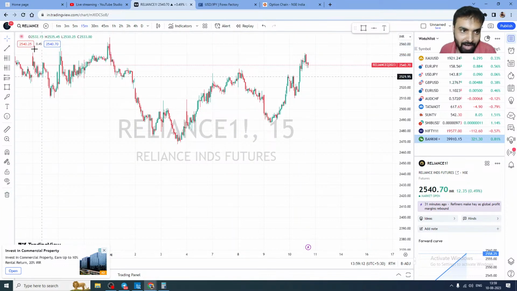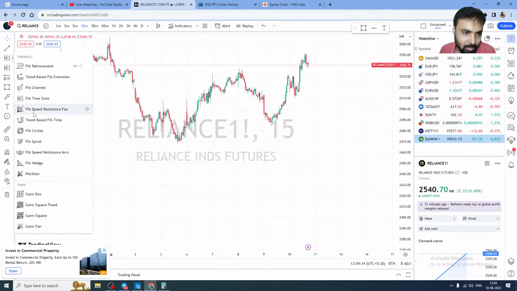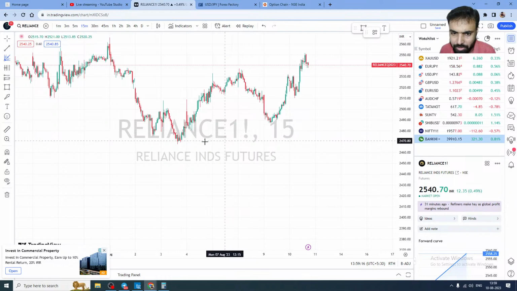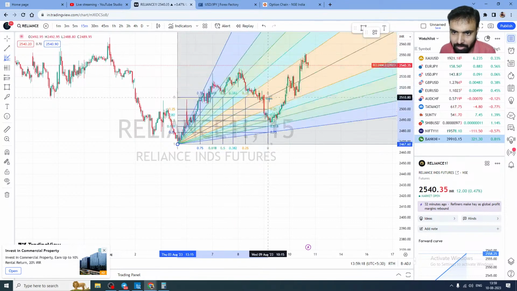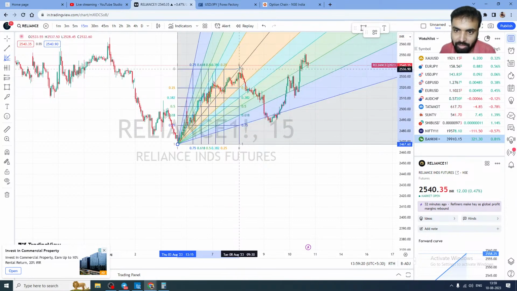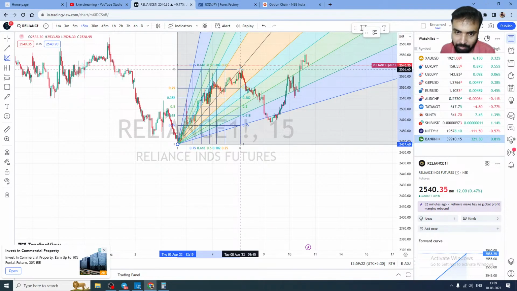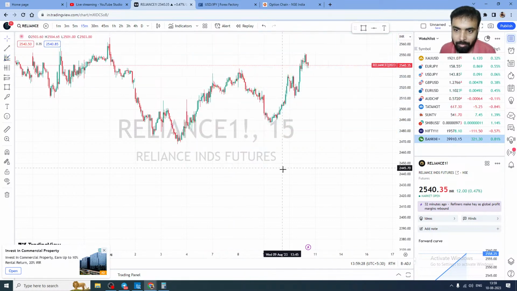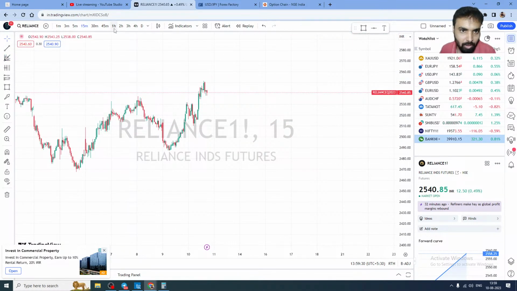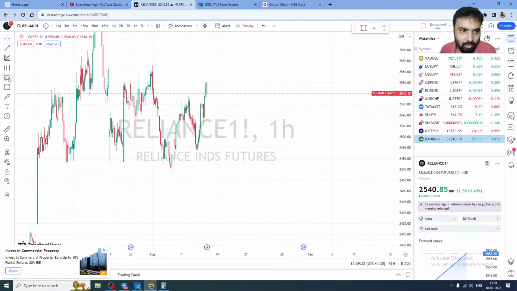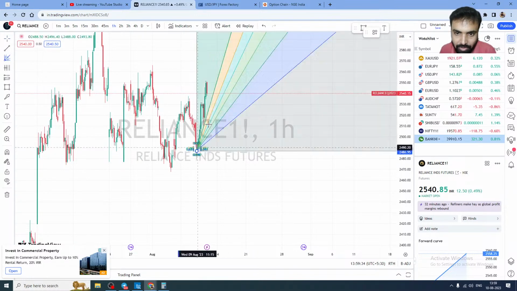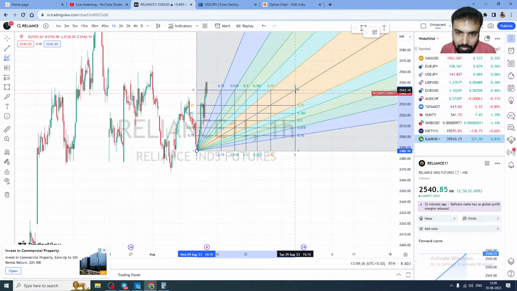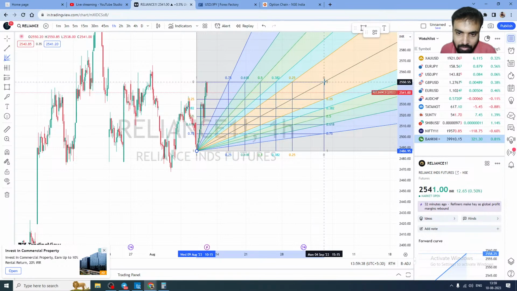Similarly, the Fibonacci fan resistance. I don't know how to use this, but I forgot. So like this, from swing low to swing high. Again, you try swing low to swing high. Now you see the craziest thing. Maybe you can extend like this, maybe a little bit. Maybe we'll do one thing. We can take a 1 hour chart. Fibonacci fan, swing low to swing high. Okay, something like that.